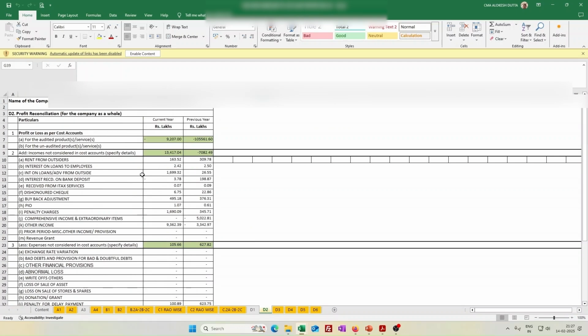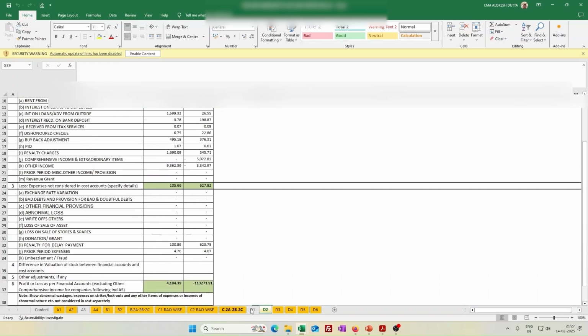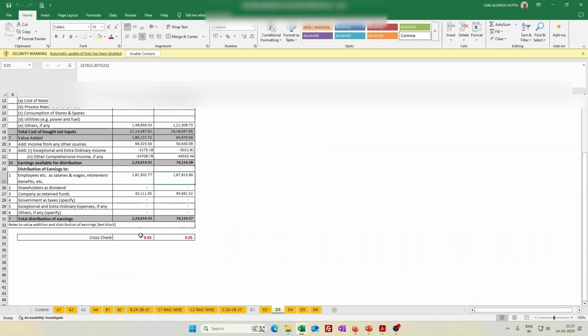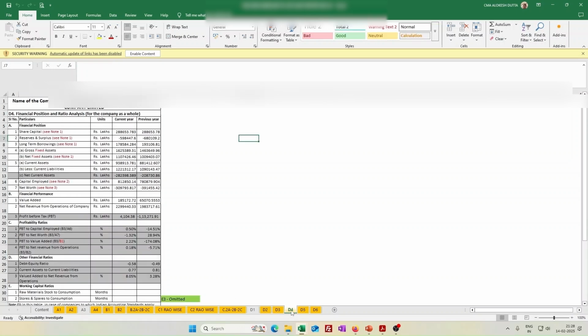D2, what has happened? Your profit and loss as per audited products, that means margin, your average cost statement, and this is the income considered, expenditure not considered. D3 is populated from the value addition part from the profit and loss account. D4 from the profit and loss and balance sheet account.